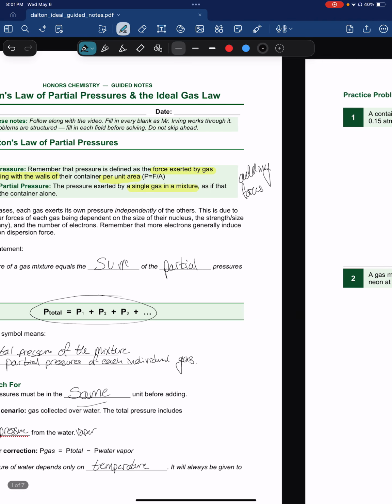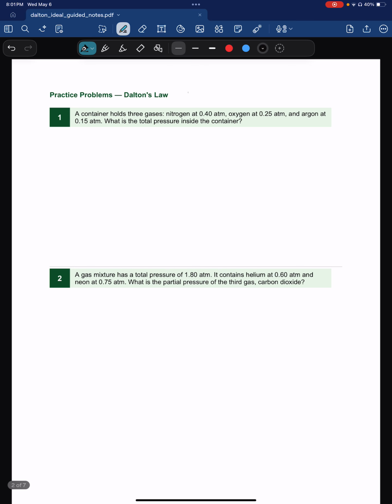Great. Shall we try some practice problems? So let's consider this. Before we even get started, because you've all flipped to a new page, let's go ahead and take a second and write the equation at the top.